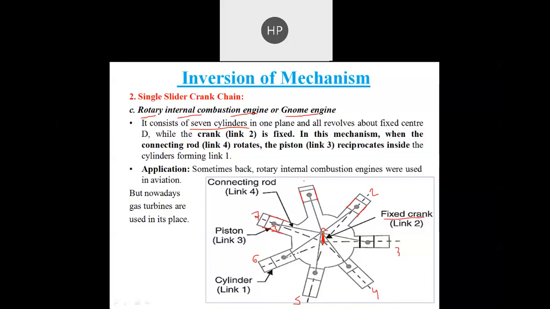We know that it can have a circular motion in this direction like this, and as this point rotates, the different pistons have a different location in each and every cylinder, and that's how this rotary internal combustion engine or gnome engine will work.